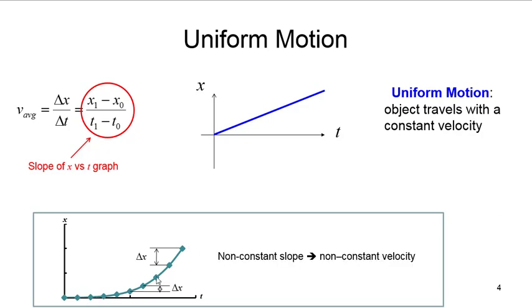The slope here is not constant. That means the velocity is not constant. Remember, the velocity is the slope. Here I have a nice constant slope. That means a constant velocity. That means uniform motion. Here my slope is changing, and since the slope is my velocity, my velocity is not constant. If my velocity is not constant, this is not uniform motion. Later, we're going to come back and deal with this type of motion. But for now, I want to focus on uniform motion.